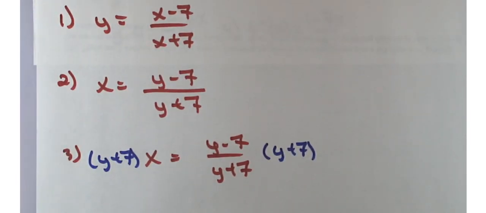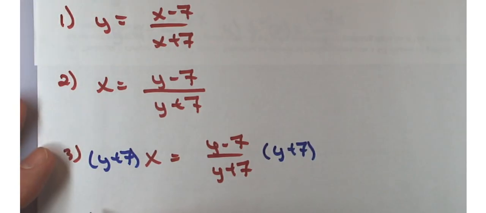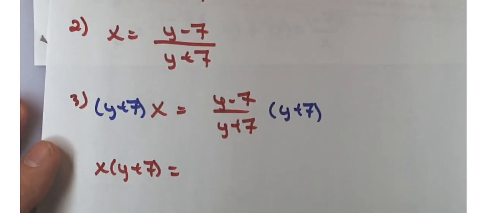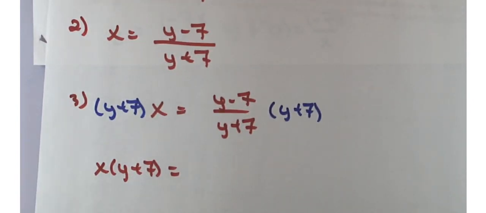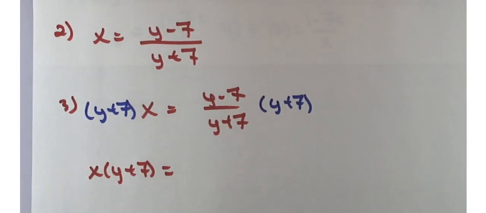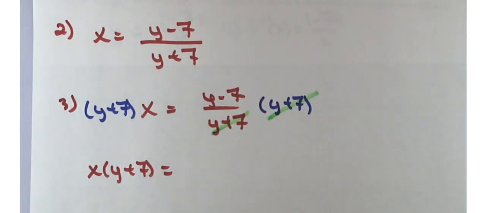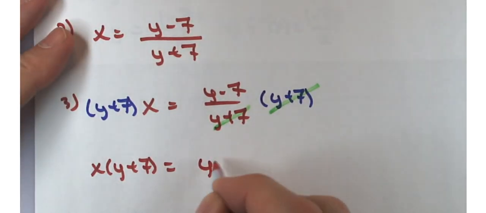On the left-hand side, I'm just stuck with x times y plus 7. What happens on the right-hand side? What's the nice thing that happens there? Cancels out the denominator. Hasta la vista. So it leaves you with y minus 7.